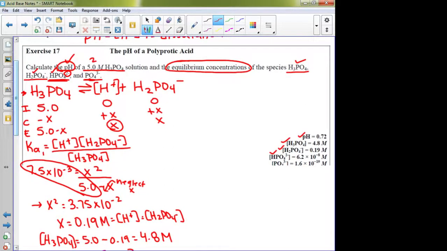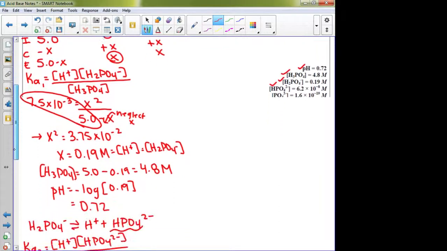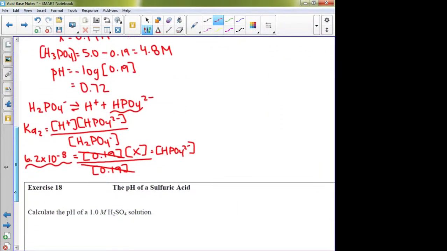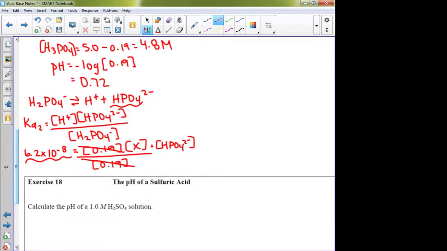So to get my PO4 3 negative, I'm going to have to go through a third dissociation. This time HPO4 2 negative is dissociating into H positive plus PO4 3 negative.